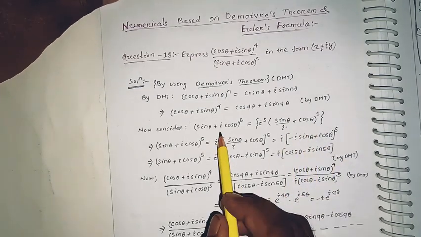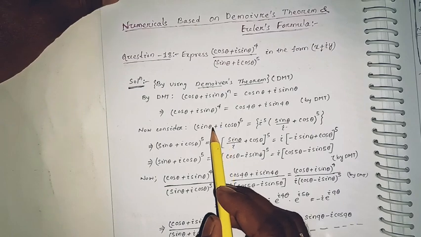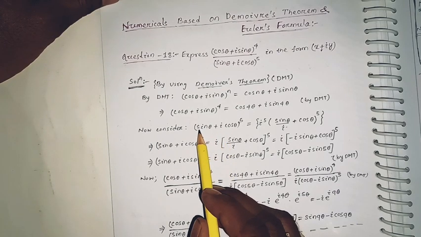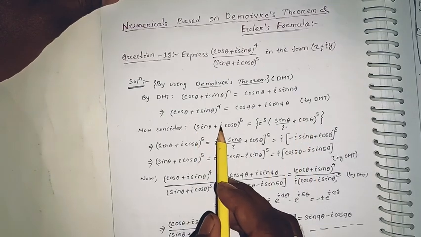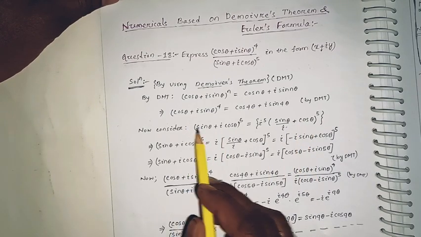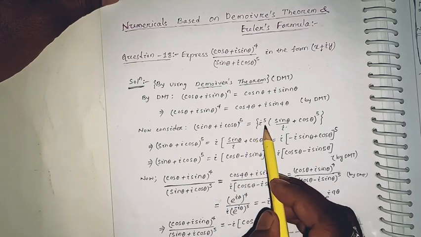Got it? If I take i common from these two terms, then inside we get sin theta by i plus cos theta. But when i moves out of the bracket, since the power 5 is there, it becomes i to the power 5.